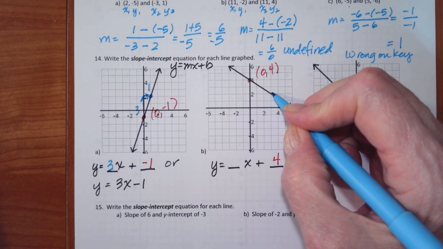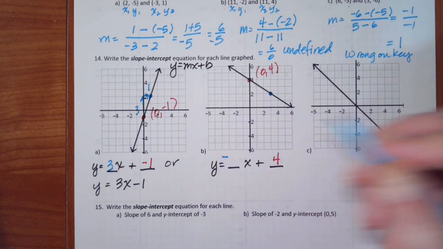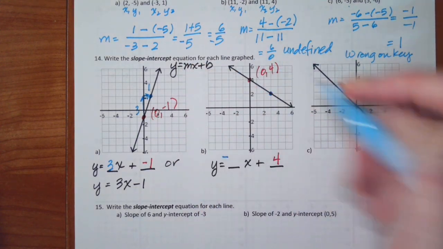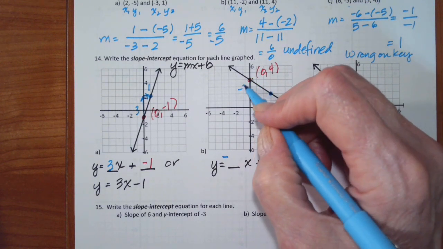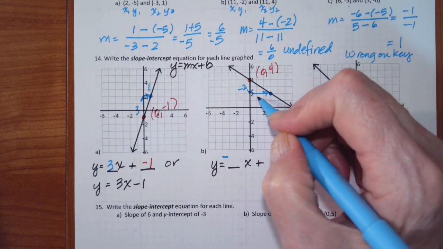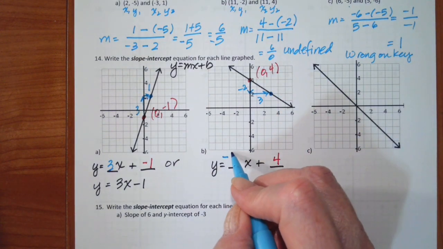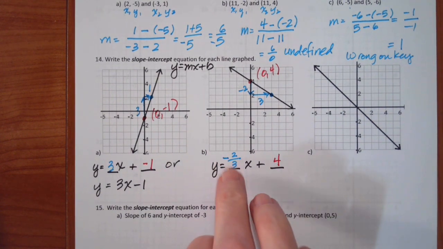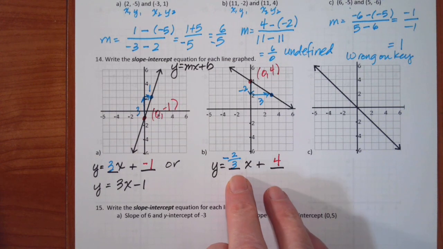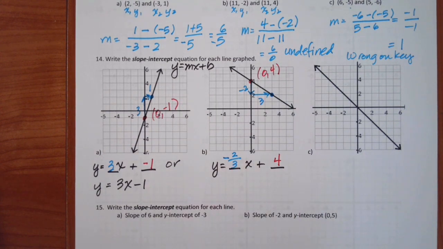I'm going to use that one and this one. I know it's going to be negative because it's going down from left to right. So I'm going to go down 2 and to the right 3. So this is negative 2 over 3. There's nothing you need to do to simplify. Make sure on your slope that you leave it as a fraction rather than a mixed number or a decimal.